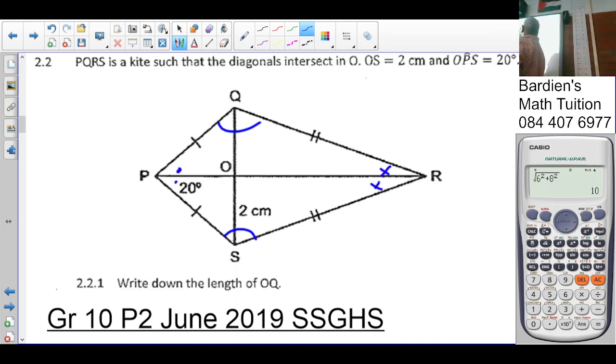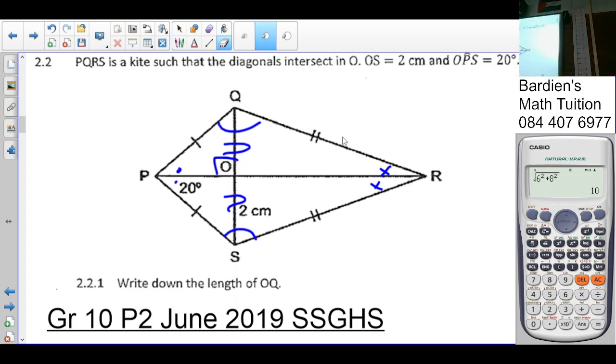That is equal to that angle there. Diagonals are perpendicular. One more. One diagonal bisects the other. Okay. Just by them telling us that it is a kite, we should see all of those things.